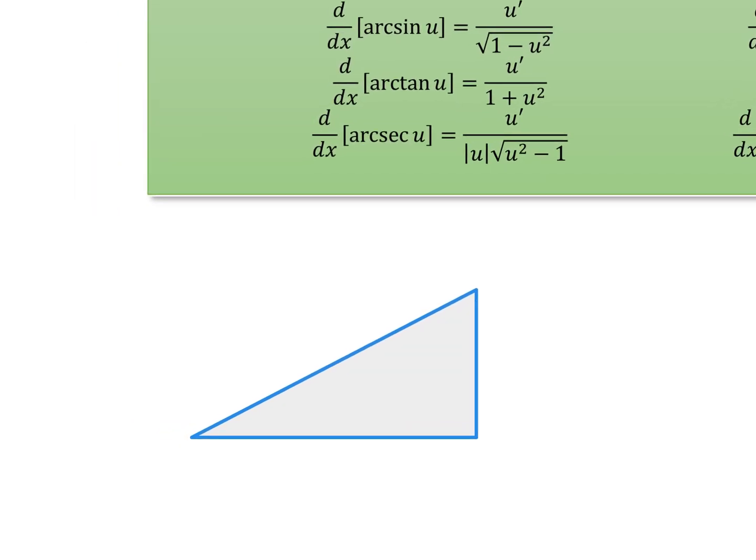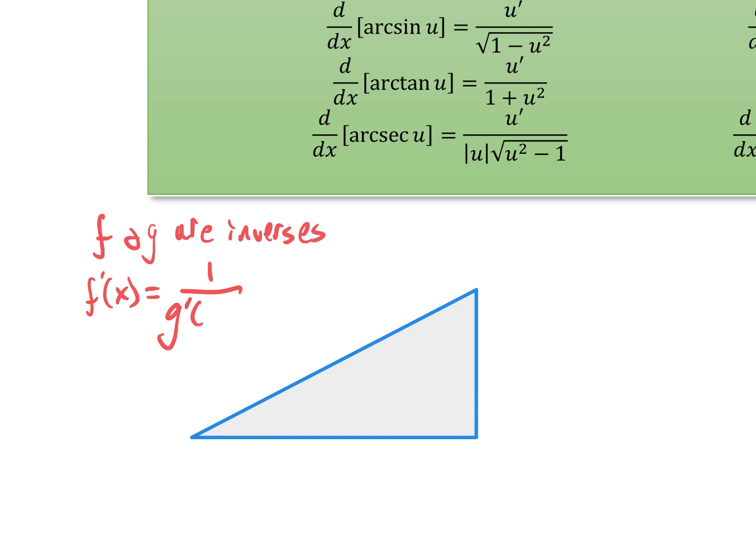The rule that we know for inverses is this: if f and g are inverses, then the derivative of f at x is equal to 1 over the derivative of its inverse function g, evaluated at f of x.